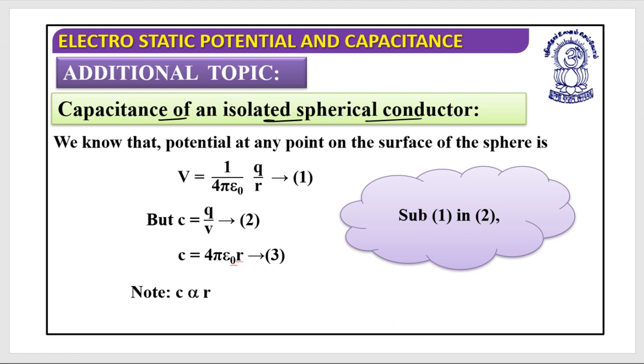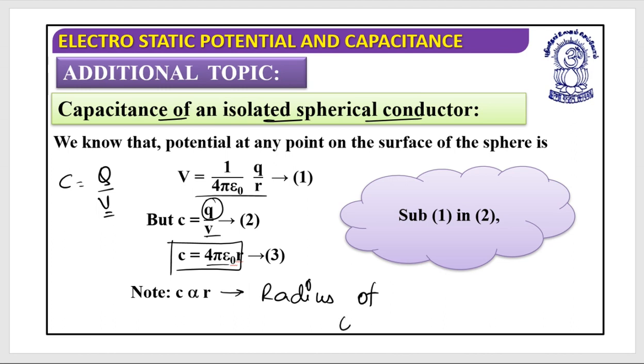When we want to find the capacitance of anything, we simply use C equals Q by V. So we find V, the potential of an isolated charged conductor, which is K Q by R, that is 1 by 4 pi epsilon naught Q by R. Dividing Q by V, we get C equals 4 pi epsilon naught R, and since 4 pi epsilon naught is a constant, C is directly proportional to R. This R is the radius of the conductor.